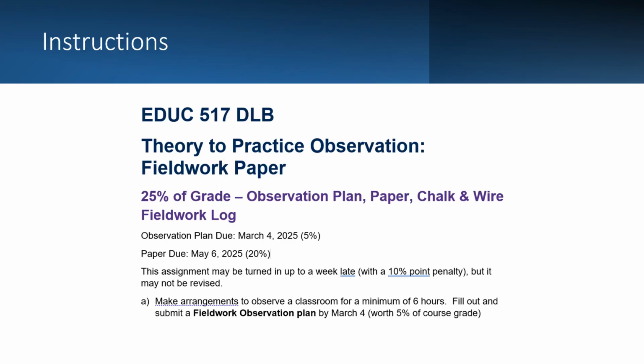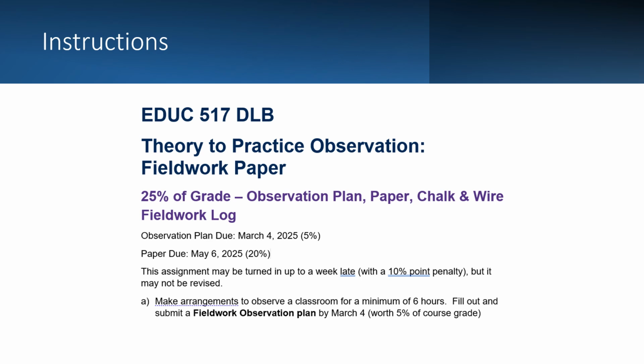Let's open the instructions and see what they say. Again, this is worth 25% of your grade. It has a fieldwork observation plan that's due March 4th. That's worth 5%, and the paper itself is worth 20%. So the first thing you're going to do is to make arrangements to observe a classroom for a minimum of 6 hours.